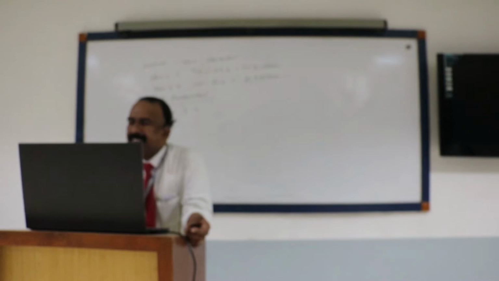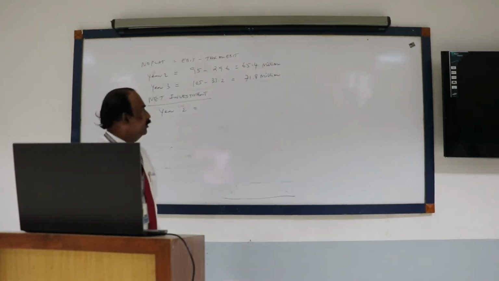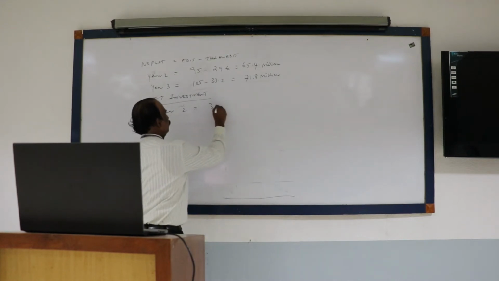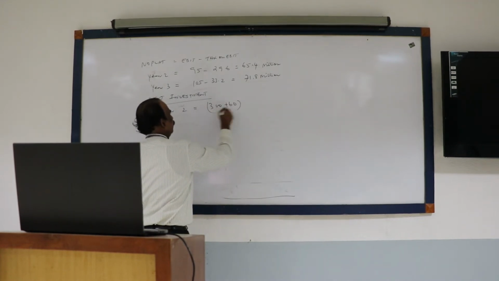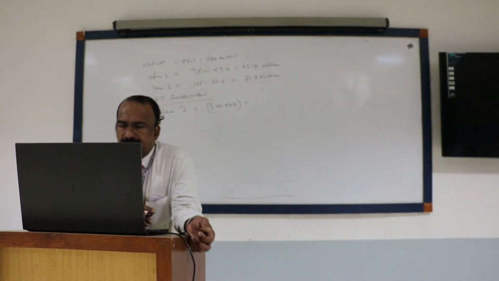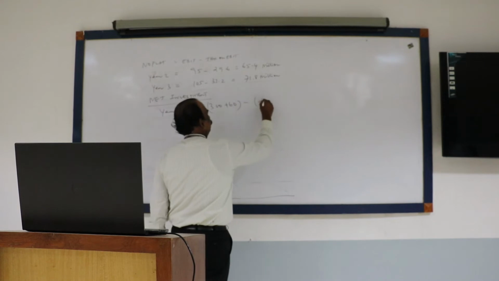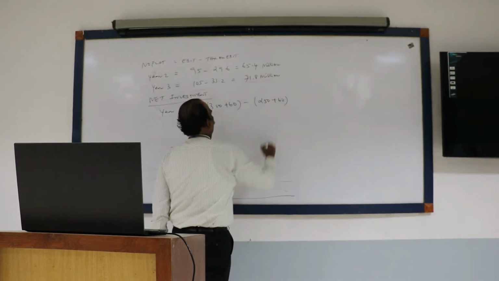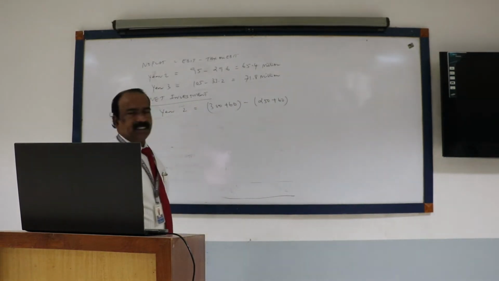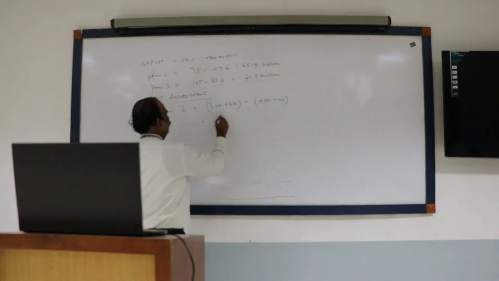Net current assets is 60. So 300 plus 60, minus net fixed assets at the beginning, which is 250, plus net current assets at the beginning, 60. So 250 plus 60. So 360 minus 310 is 50 million.